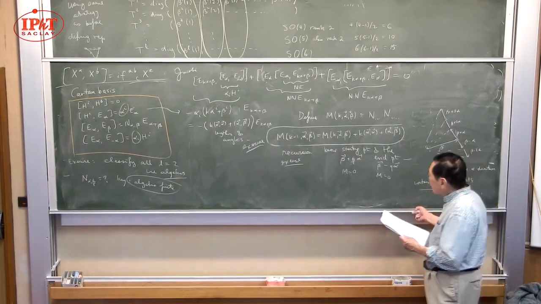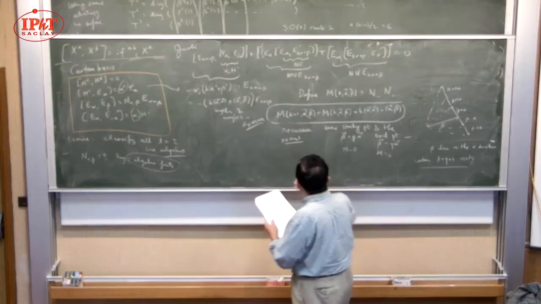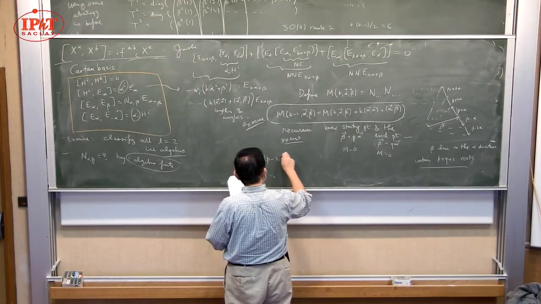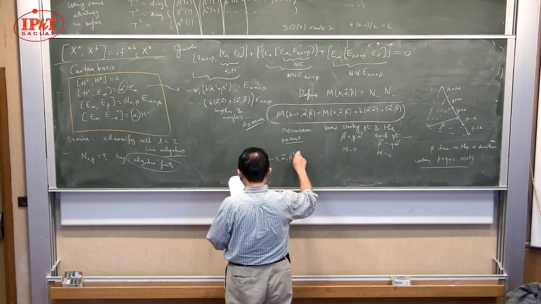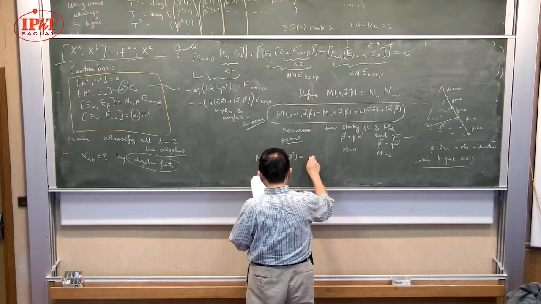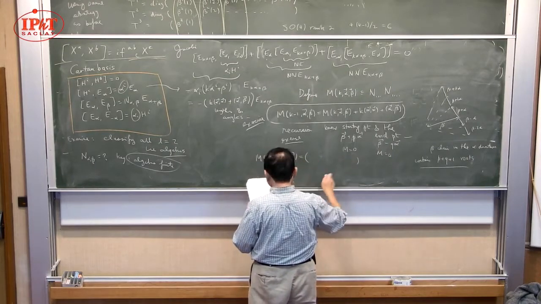So we find a formula for M of P minus S alpha beta is equal to some expression.